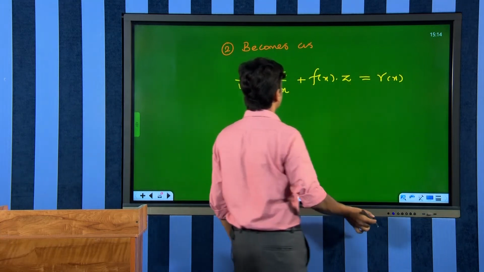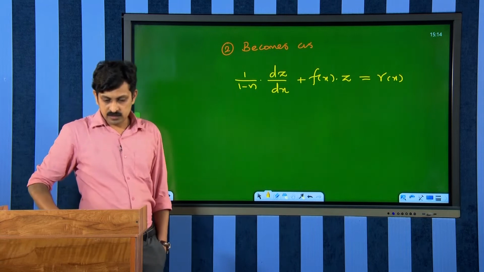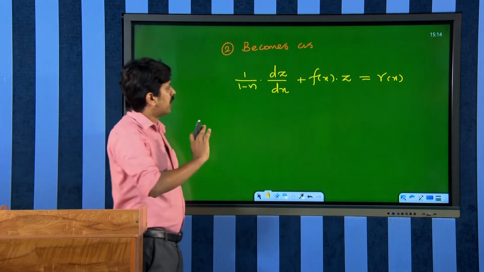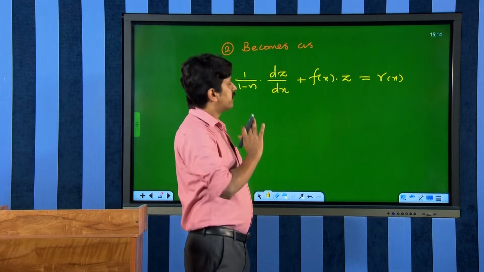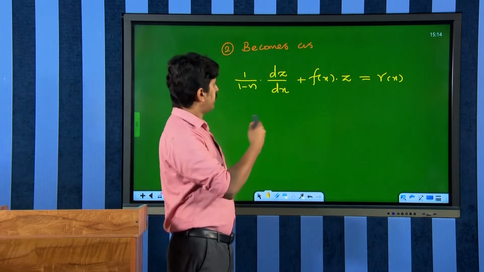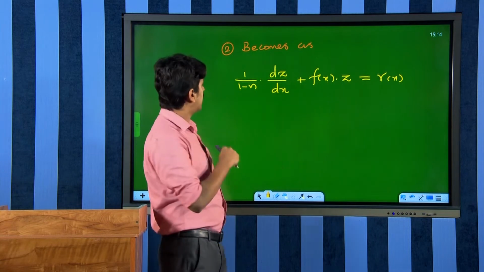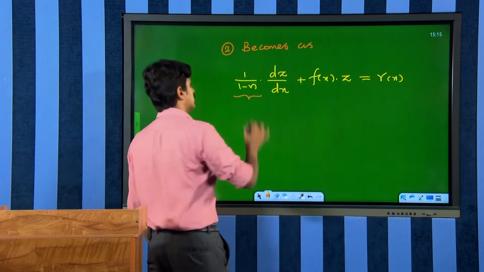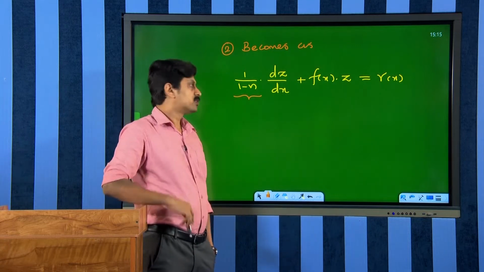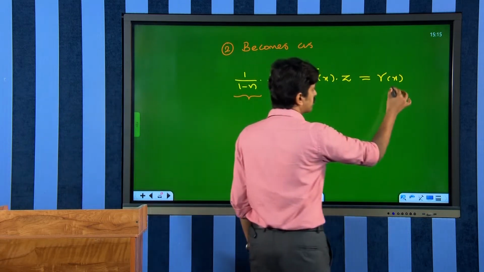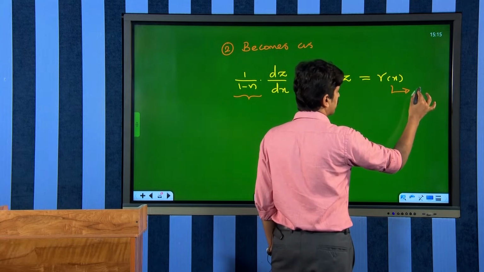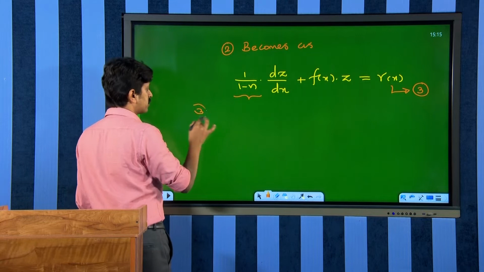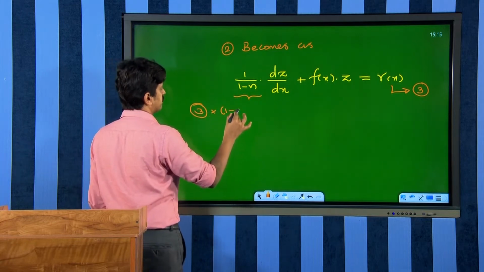See this differential equation, and while seeing, we feel that it may be linear. The thing that creates a little bit of problem or confusion is that 1 minus n. So, I just put this as equation number 3 and multiply 3 with 1 minus n.